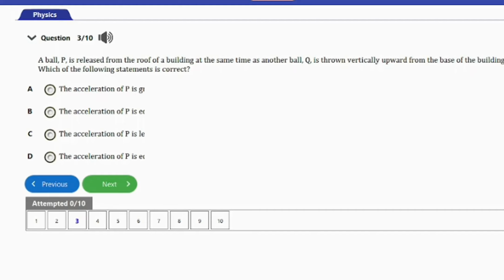So the force of gravity tends to pull it down, and up to the point it starts coming down with the same acceleration that the initial ball P was thrown down with. So in that case, the acceleration of P and Q will be the same and in the same direction. So option D is the answer to this question. Let's go ahead and consider the next question, guys.